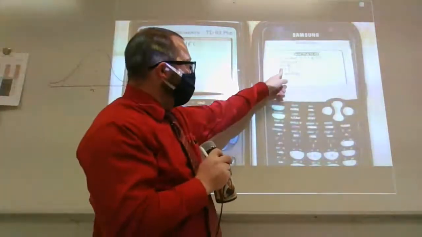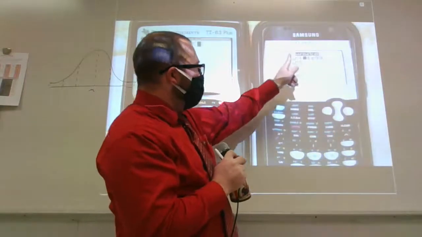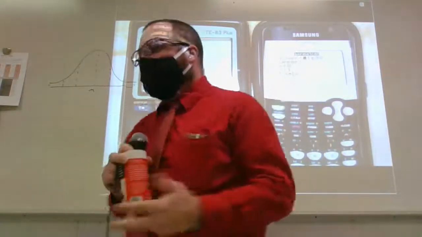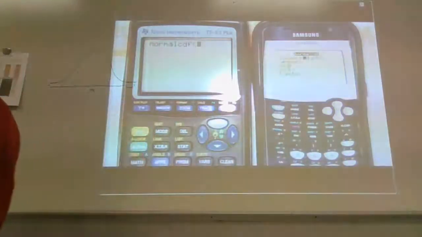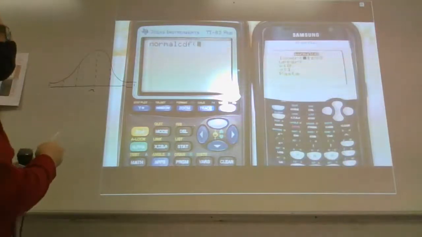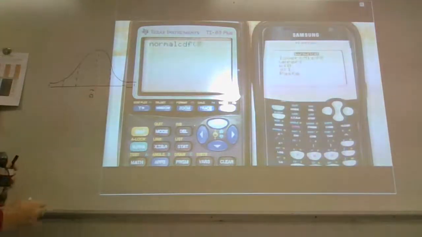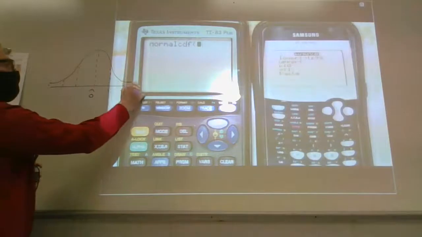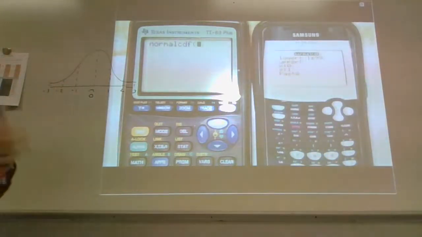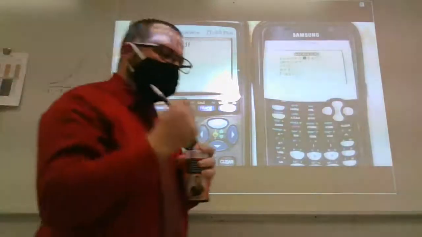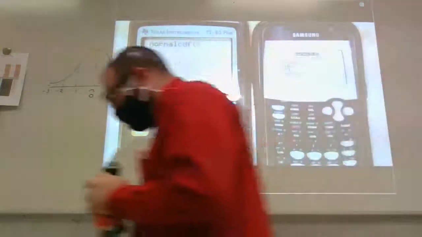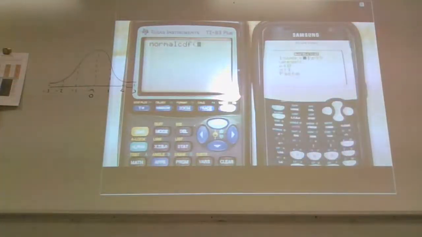If you leave the mu as a 0 and your standard deviation as a 1, then the calculator is going to assume that you are typing in z-scores. So your lower and upper limit would actually be z-scores. Let me give you an example.